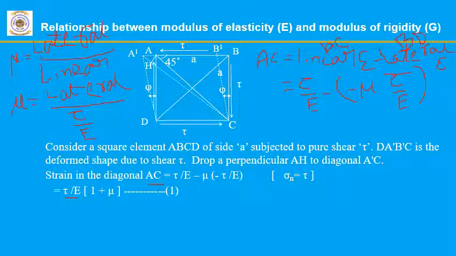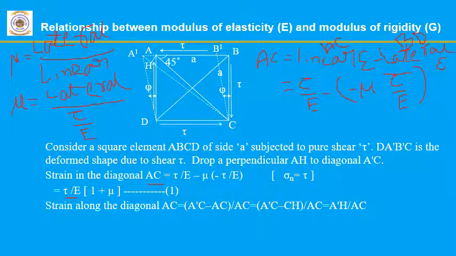Tau by E into 1 plus mu. Call this equation number 1.